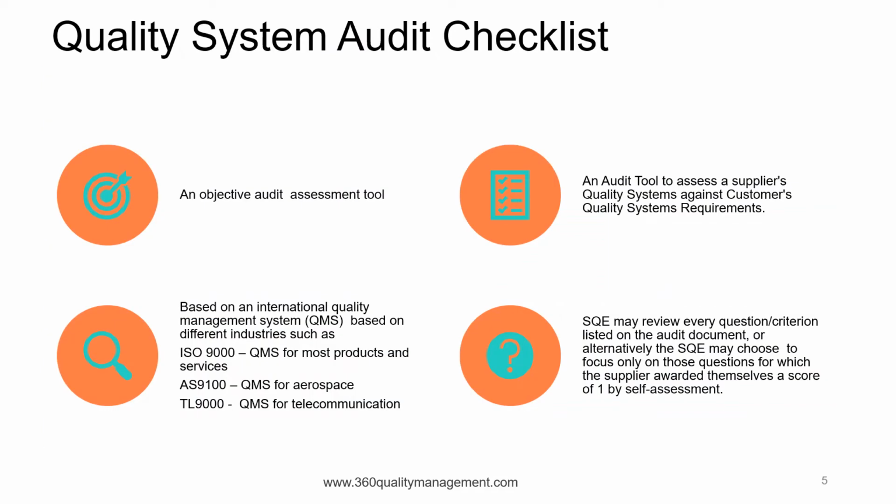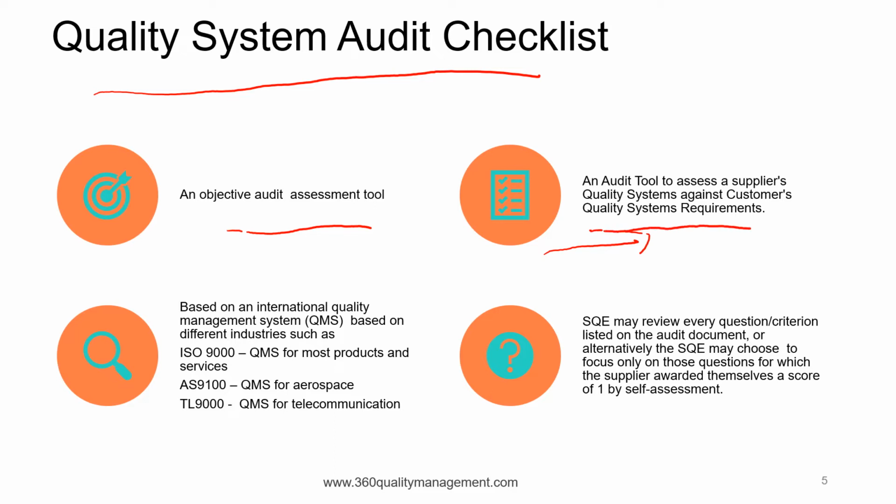Let's look at the quality system audit checklist in detail, which is an objective audit assessment tool, and it can be used to assess suppliers' quality systems against quality system requirements from the customers.